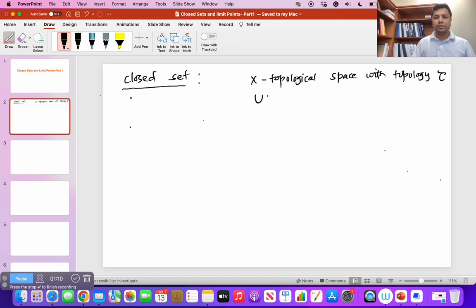Then a set U is open in X if U is an element of topology tau.